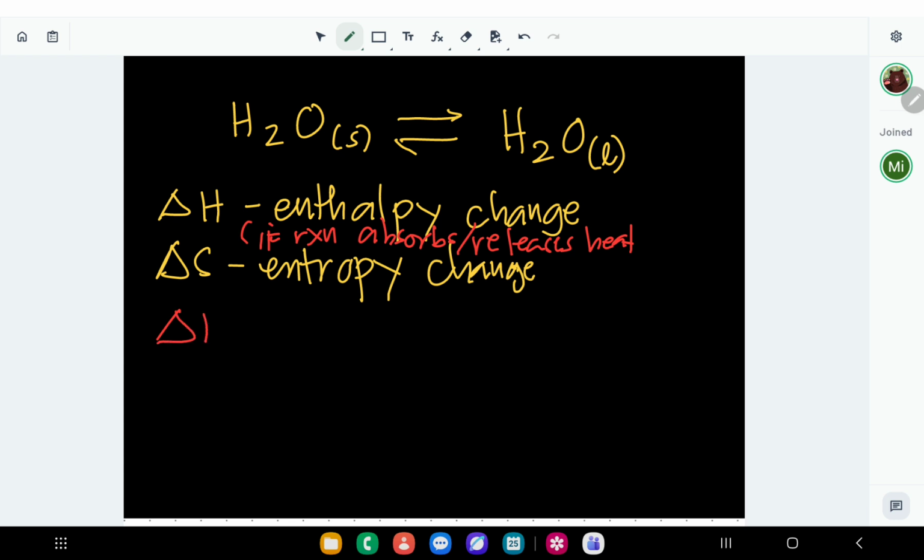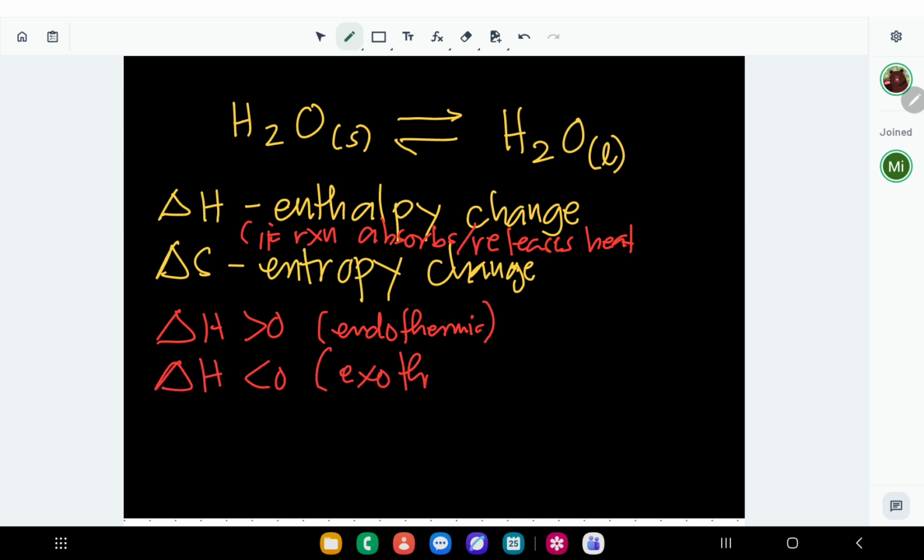So delta H greater than 0, that is endothermic. Delta H less than 0, this is exothermic. But it's not even given here in the reaction that delta H is negative or exothermic.